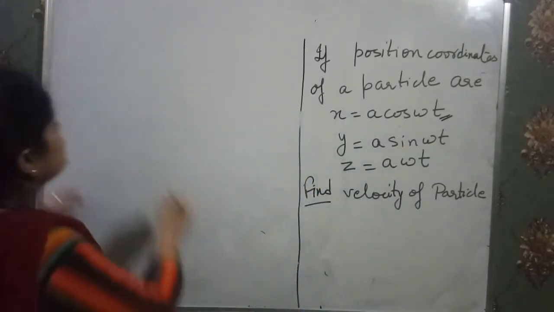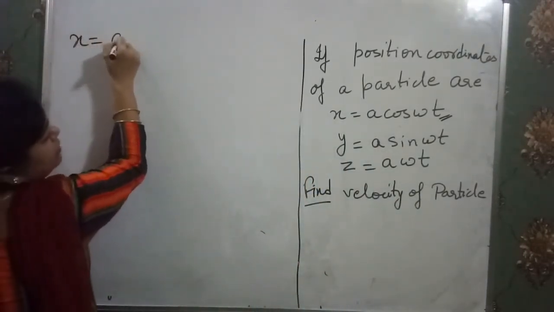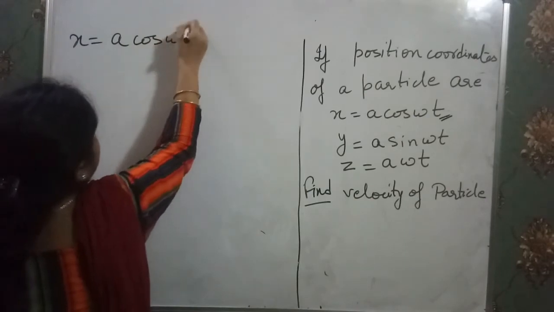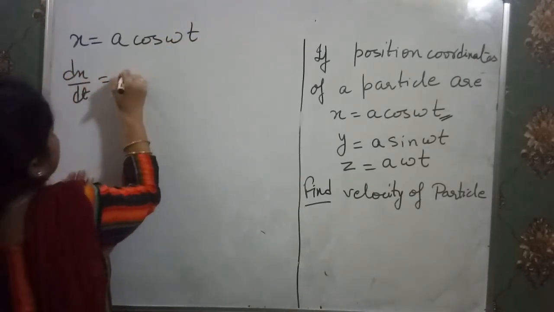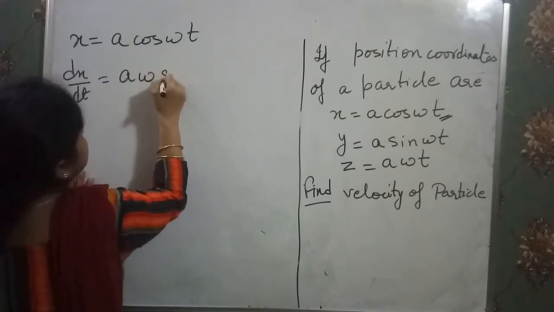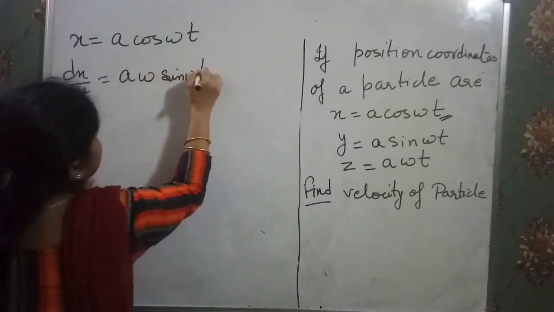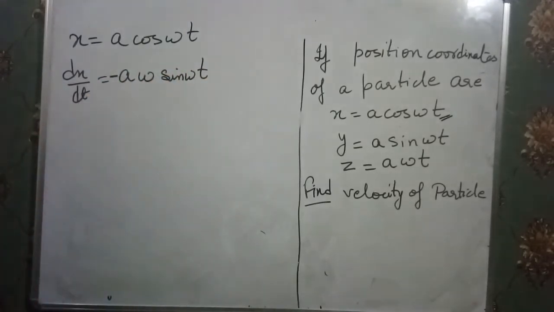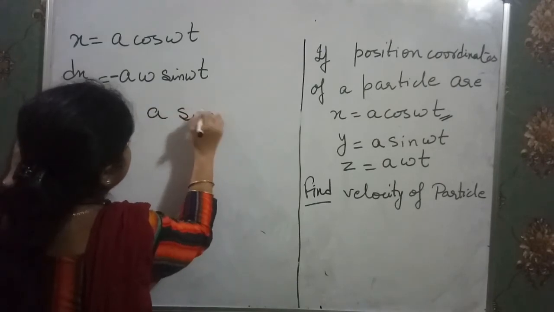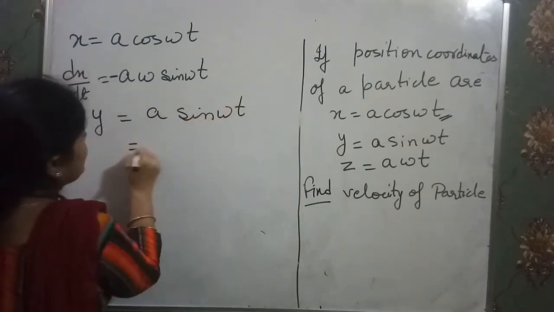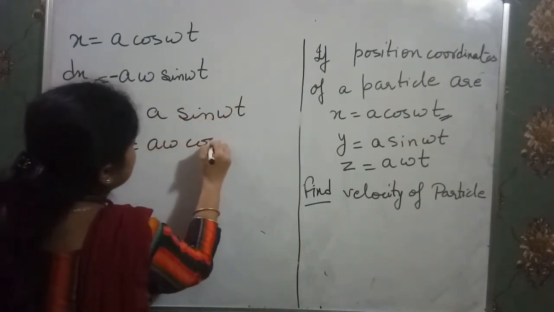Clear? First one, x is equal to a cos omega t. That means dx over dt is equal to minus a omega sine omega t, according to our formula. Next one, y is equal to a sine omega t. So we have a omega cos omega t.